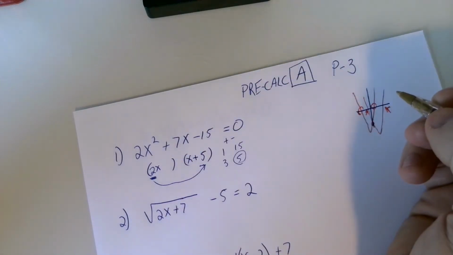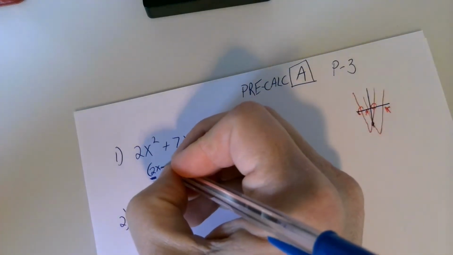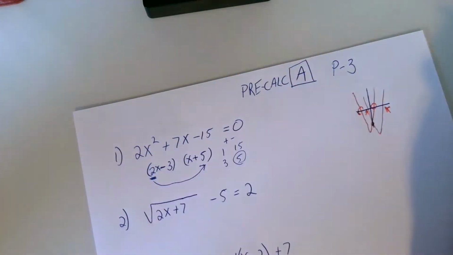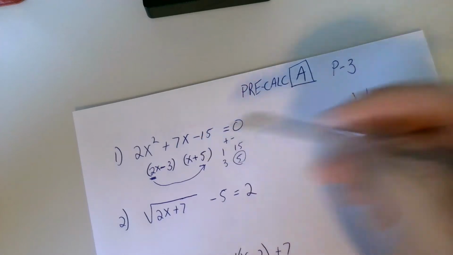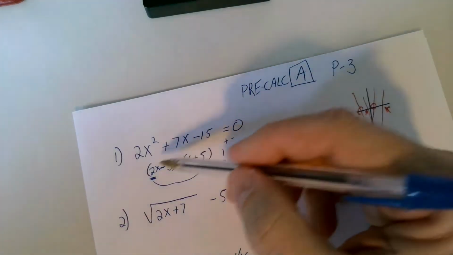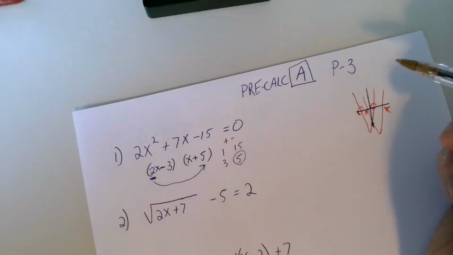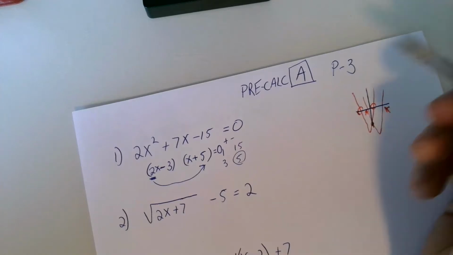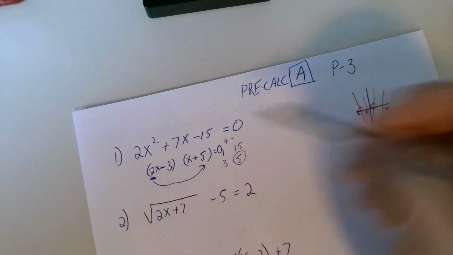So the plus goes there, and the minus goes there. And I already used the 5, so 3 has to be the thing that's left. Now you can see I have 2x minus 3 times x plus 5. And if you multiplied those two things back together again, you would get the original 2x squared plus 7x minus 15.